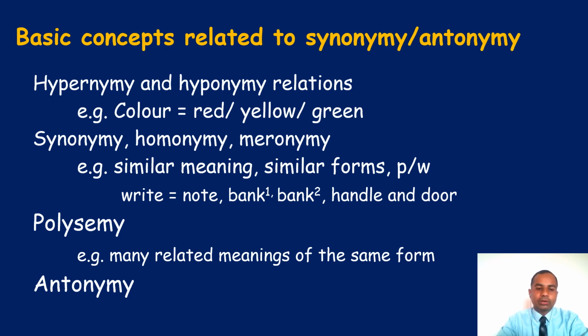For example, the preposition on has different related meanings. On the table, then on the wall, then depend on something like that. So these are related senses. So that is polysemy. And then we have antonymy. In antonymy we'll see in detail.